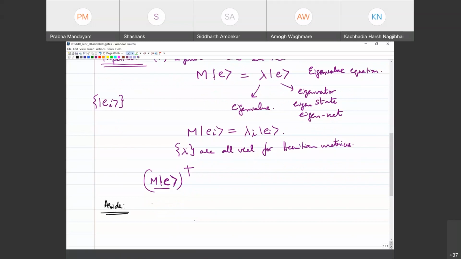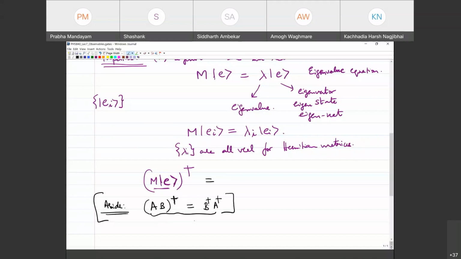So when I have two matrices, let's say A, B, and I want to take their dagger, right? Then this becomes the product of the adjoints of the individual matrices, provided you swap the order like this, right? Similarly, if I want to take this dagger, again, this can be shown also, right?